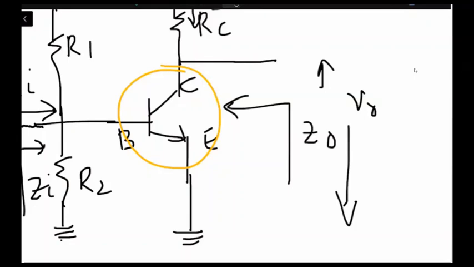So if we summarize this circuit, we have basically a system which has two ports.